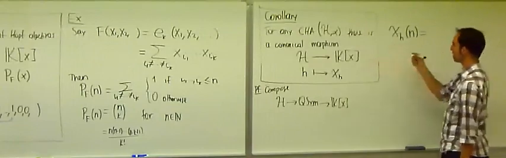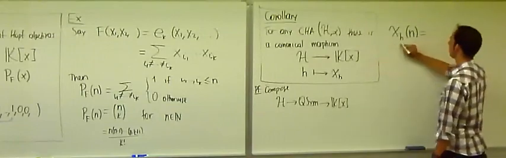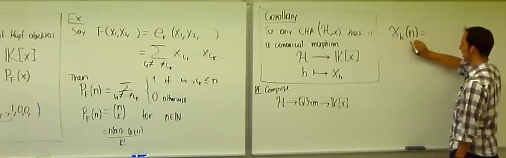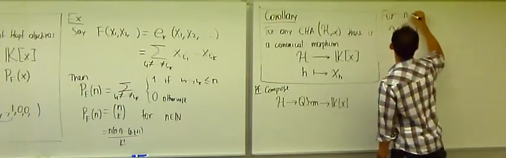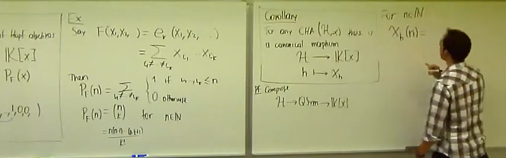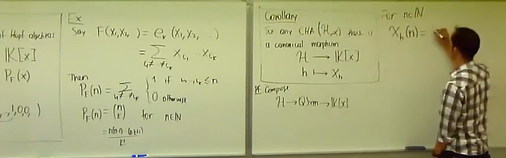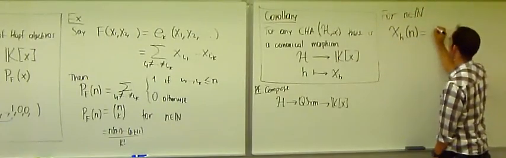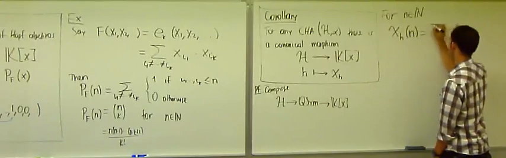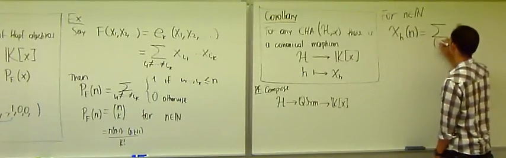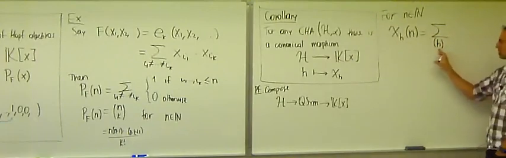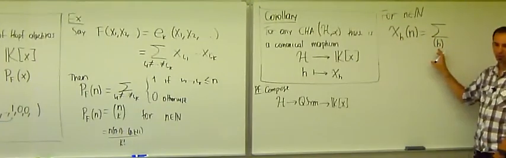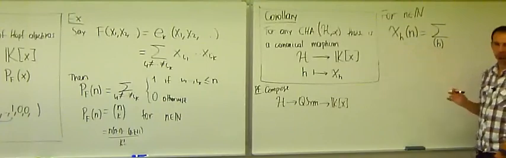If you just unravel the definitions, you'll see that this polynomial evaluated at a positive integer, at a natural number n, is going to give you the sum. So in Sweedler notation, what you're going to do is apply the nth coproduct and apply alpha to each coordinate.